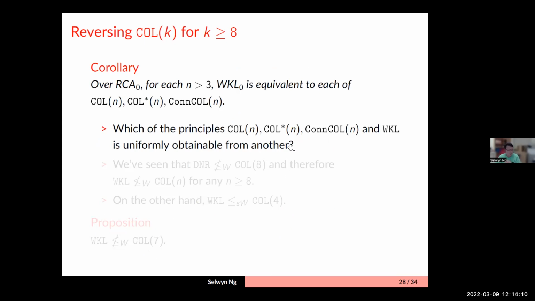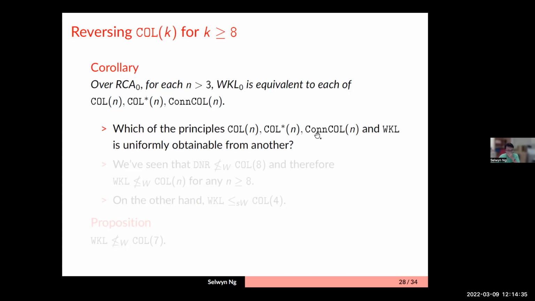Yeah, so in the last part, I'm just going to focus on the hierarchy between these different principles. So we have the n-coloring theorem, the n-coloring theorem with computable diagrams, and the n-coloring theorem for connected graphs.